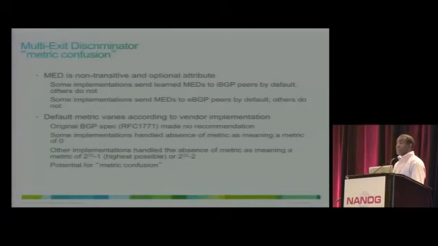Some vendors may decide that if a route is received without a MED, it's considered a very high MED, or in some cases a very low MED. So it's very important to understand what the different vendor MED defaults are, or use configurations to override the defaults. It's very important to be aware that vendors have implemented this differently, because the standard wasn't clear on that.